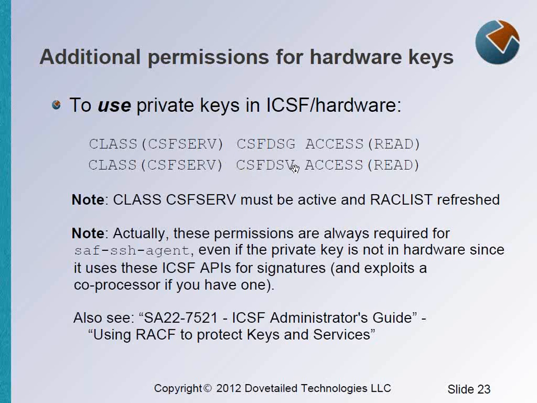DSG and DSV are the digital signature generate and verify, because we're making ICSF calls to do that as part of using a key. So you've got to have those permissions if you don't have them already, so that you can use ICSF for that. And actually, even if your private key is not in hardware, if you use SAF SSH agent, we always call these ICSF calls. So you need these permissions if you use SAF SSH agent.